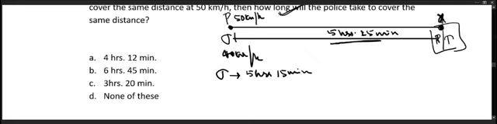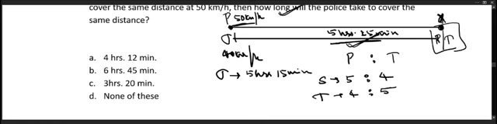As we know, when distance is constant, then speed is inversely proportional to time. So we are given the speed of police and thief. Here the ratio of speeds, police to thief, is 5:4, then the time will be 4:5.